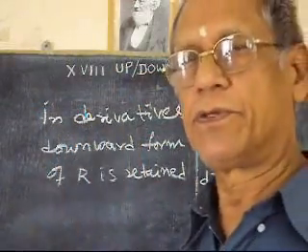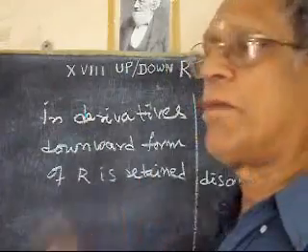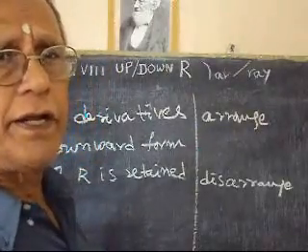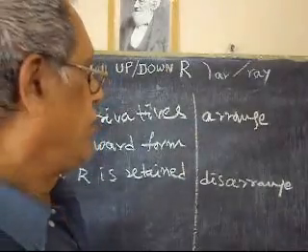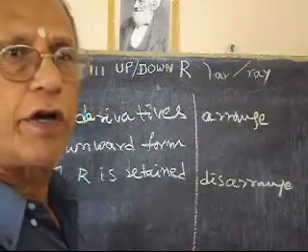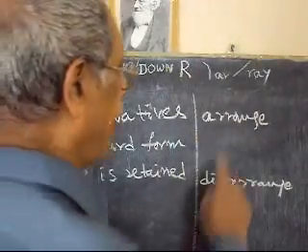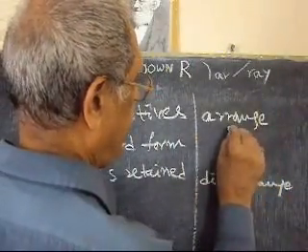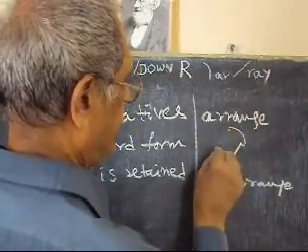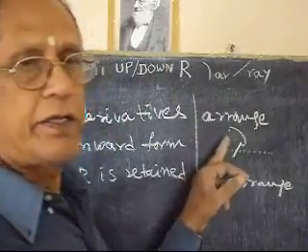In derivatives, the downward form of R is retained, because in the root word downward R is used. Arrange. See? Arrange is written.